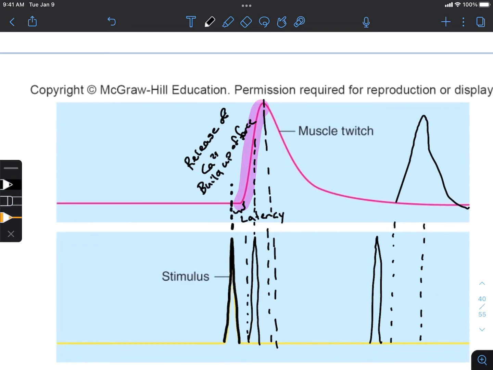So at this point, right about here, we're going to begin to build up force. And we end up adding the force that we are now generating because of the new action potential on top of the force generated by the previous action potential. And so now our muscle twitch is bigger. And we call this summation, and it's actually not one twitch, but two twitches added on top of each other. And so that's the summation part.